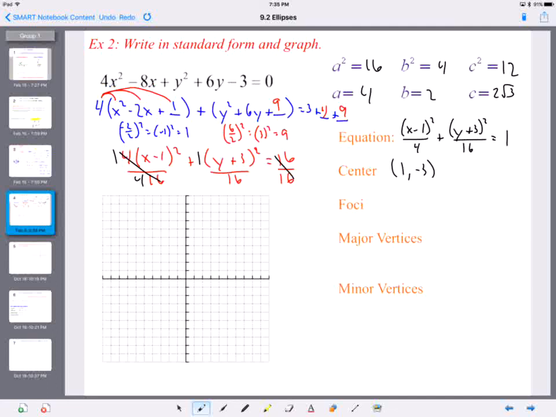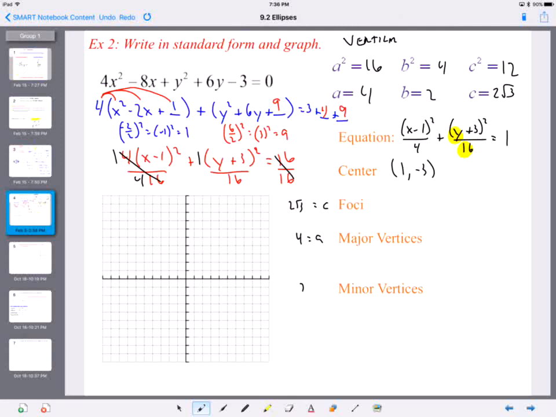And then to find the foci and everything, remember this is vertical because of where the a squared is. The a squared is the largest, it's underneath the y, so it's up and down, which is vertical. So your foci is 2 square roots of 3. Your major is the a value, which is 4.